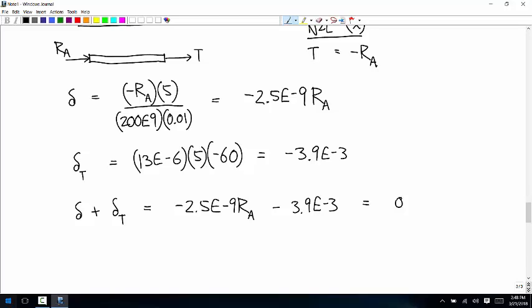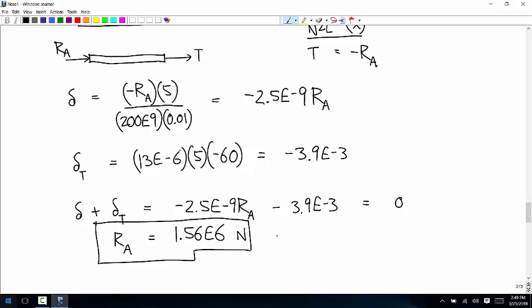And so, what do you get for RA? Surprisingly big. 1.56 times 10 to the 6 newtons. That's our second equation.